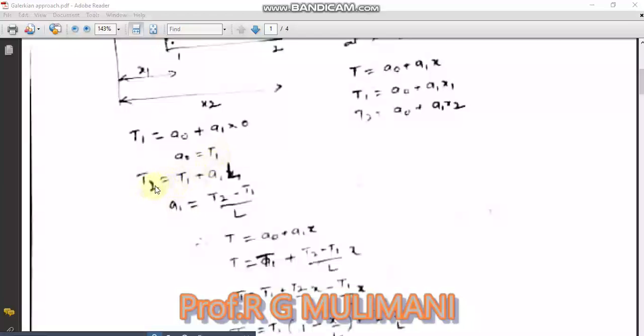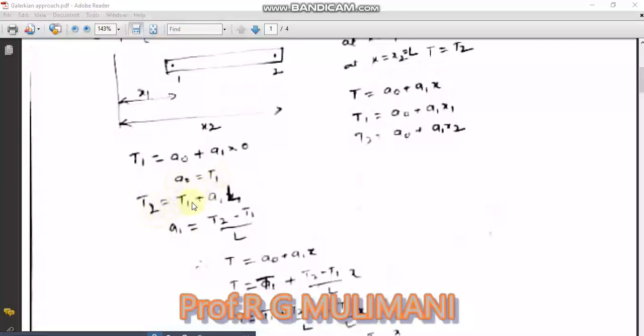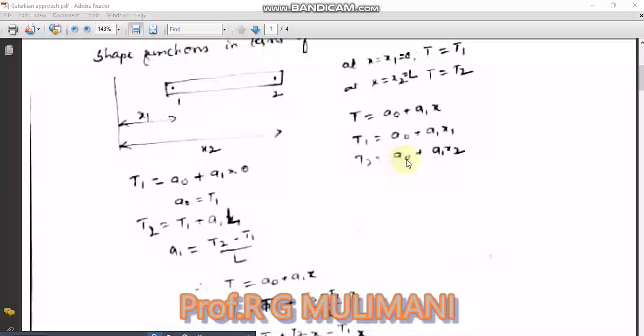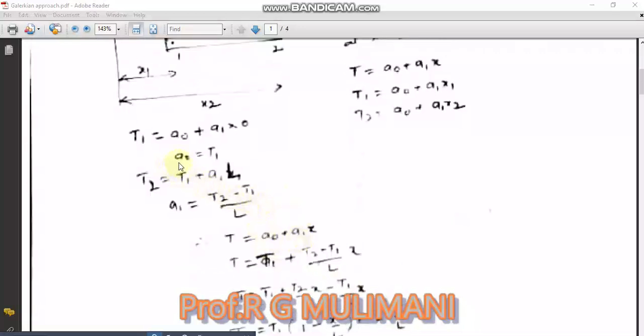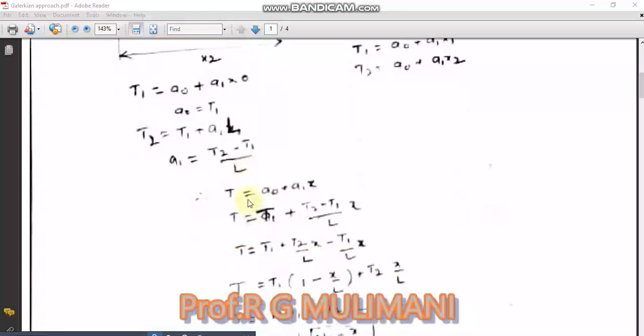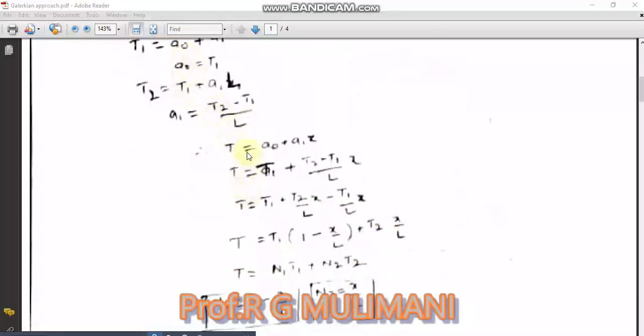Similarly, applying the second boundary condition, T2 equals a0 plus a1L. We already know the a0 value, so T2 equals T1 plus a1L, so a1 equals (T2 minus T1) by L. Now we have a0 equal to T1 and a1 equal to (T2 minus T1) by L. Let us substitute these constants in the assumed polynomial equation.